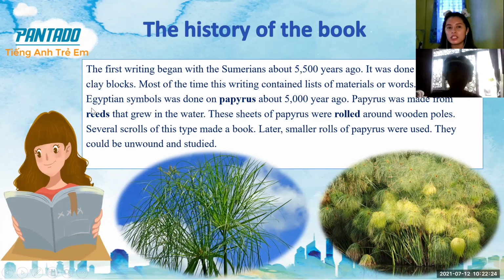Writing in Egyptian symbols was done on papyrus about 5,000 years ago. Papyrus was made from reeds that grew in the water.